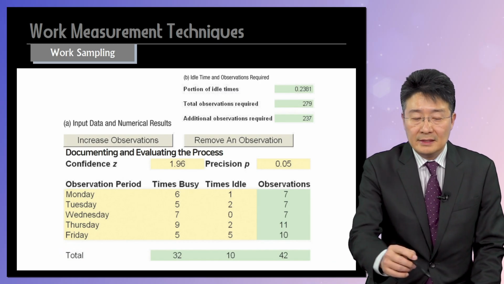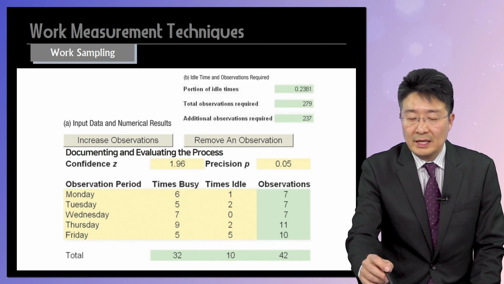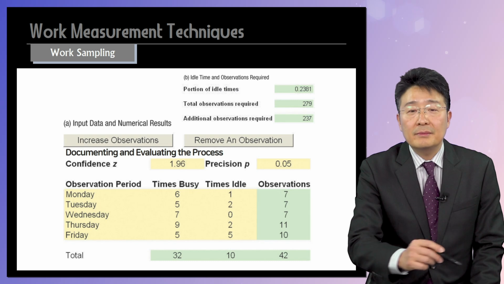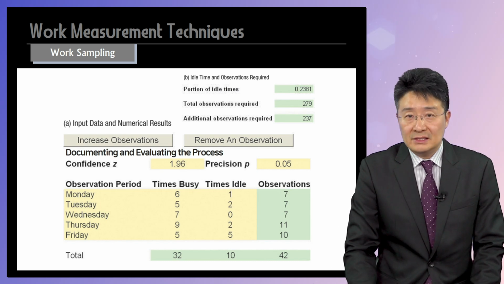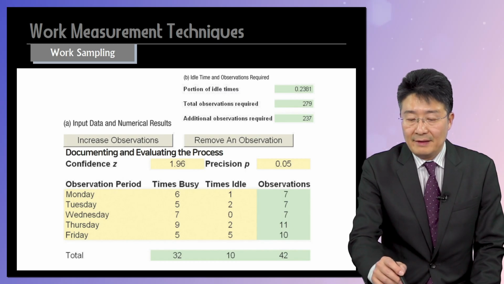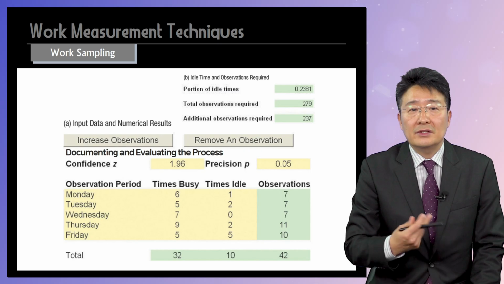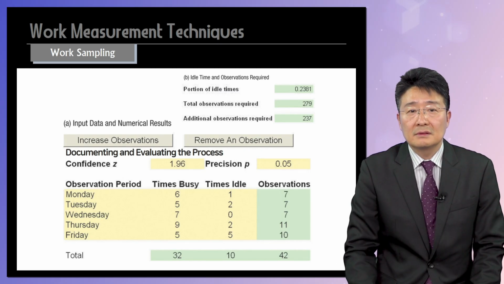Okay, finally in this chart, actually we can see the desirable total observations required to ensure this confidence level and the precision level. Okay, this is an example of work sampling.